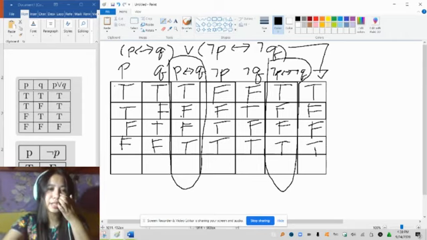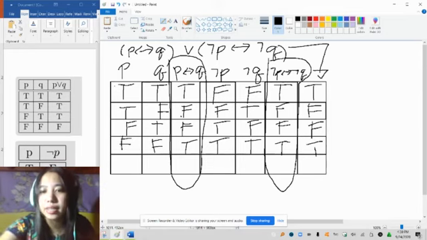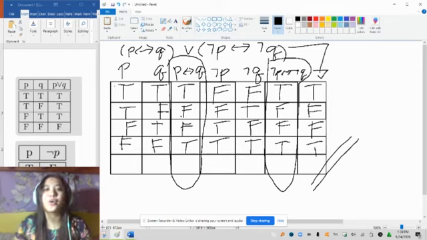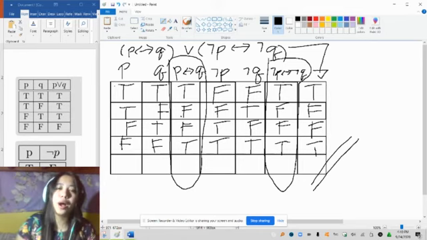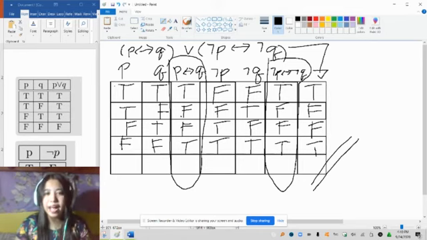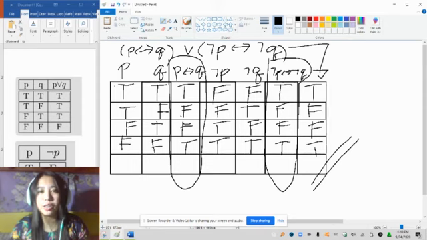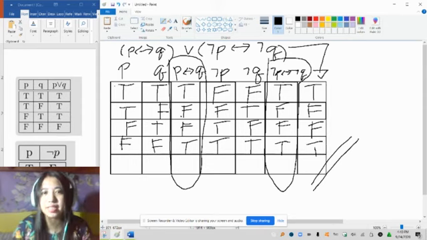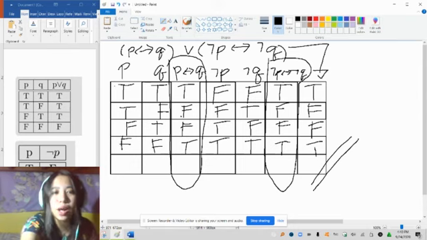So what is the answer for this? This one. This is the final answer, the one in the last column. So that is how to answer or to complete a truth table. All you need to do is to follow the rules. What you need to do is to do first whatever is inside the parentheses. So what we did here is to answer P if and only if Q, and this is the answer.